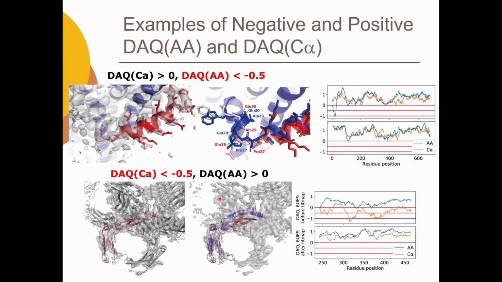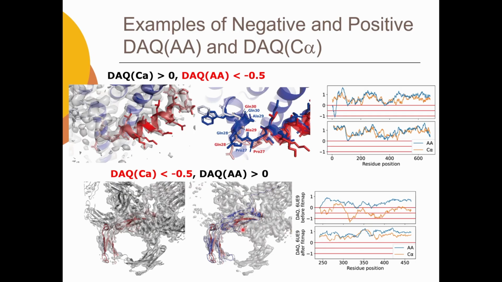This is the opposite situation. Now here, the DAQ C alpha score is negative, minus 0.5, shown in the upper plot, but the amino acid score is positive. In this case, actually, there was a small rigid shift of the structure. Since it is a small shift, the DAQ C alpha score goes negative, but the amino acid score is within that amino acid range, and that's why it is positive.